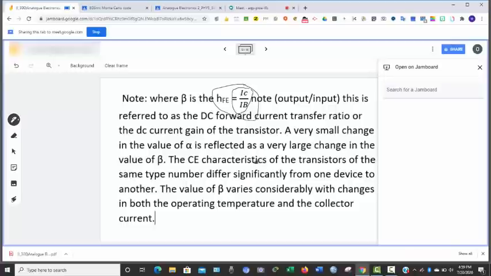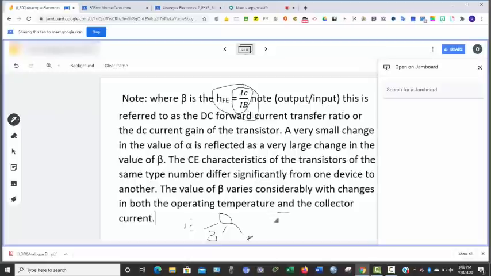The common emitter characteristics of transistors of the same type number differ significantly from one device to another. So you cannot say because you know the characteristics of a transistor, you have another transistor, you want to use that same characteristic for it. As a matter of fact, if I have a transistor like this, and if this is emitter, and this is base, and this is collector.